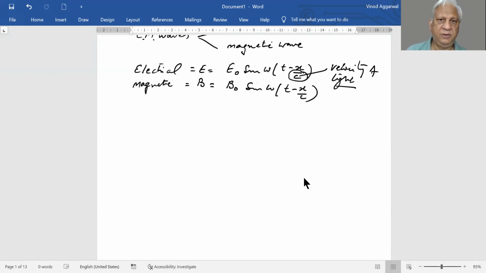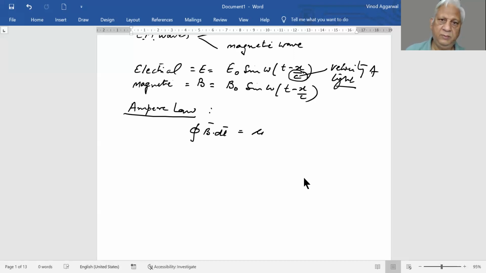Now, let's revisit Ampere's law. What it said was, you take a loop integral of B dot dl.